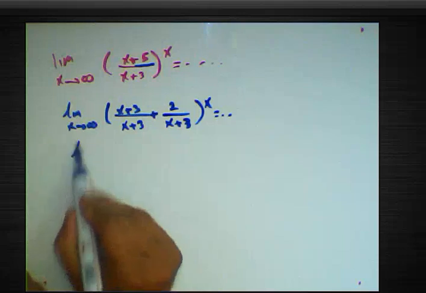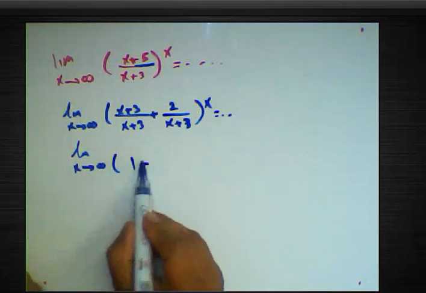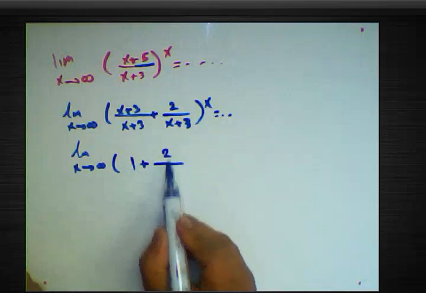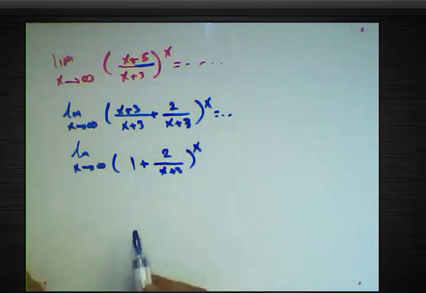Then we can simplify it: here it will be 1 plus 2 over x + 3, all to the power x.